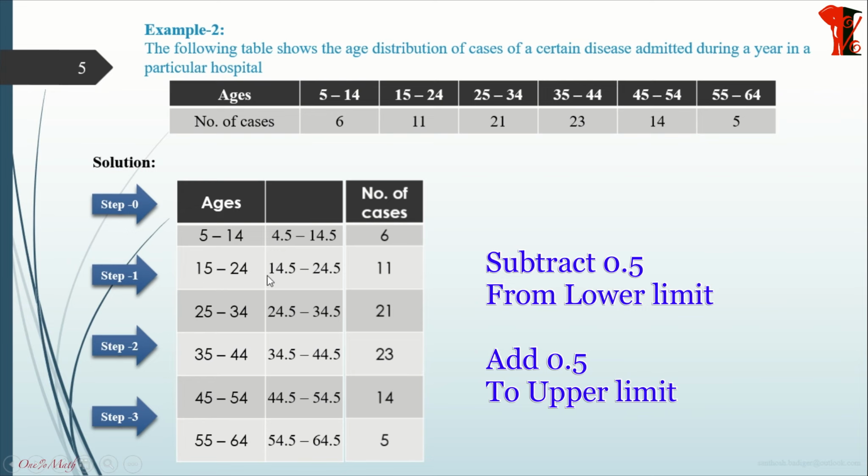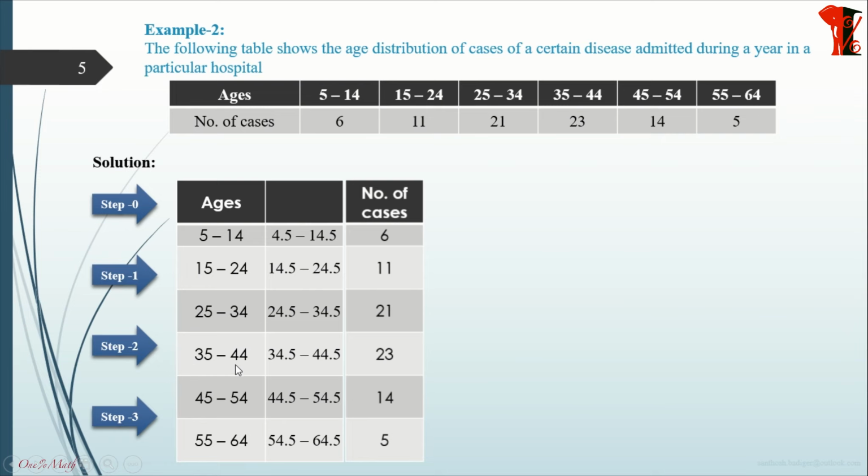So 14.5 and 24.5, 24.5 and 34.5, then 34.5 and 44.5, 44.5 and 54.5, 54.5 and 64.5. By subtracting and adding 0.5, I have got continuous class intervals now.